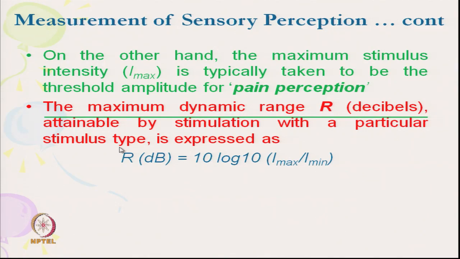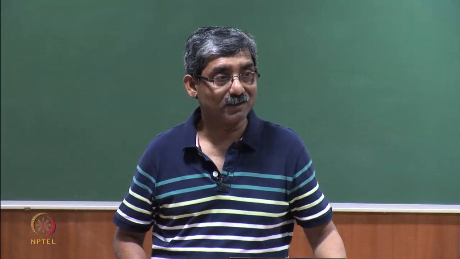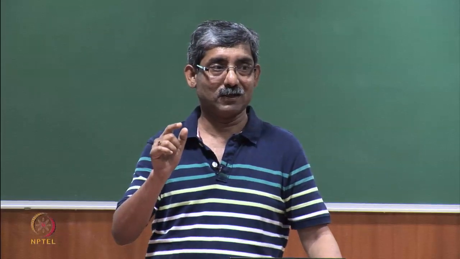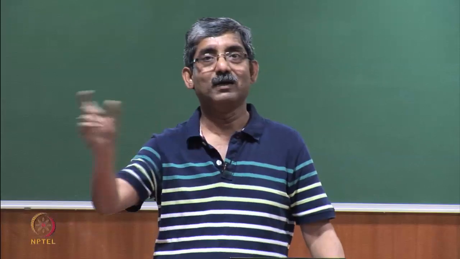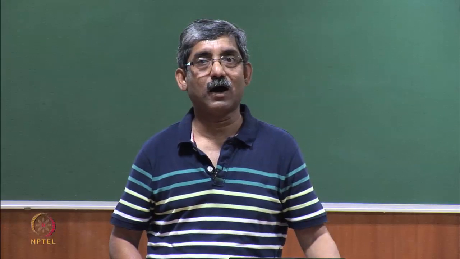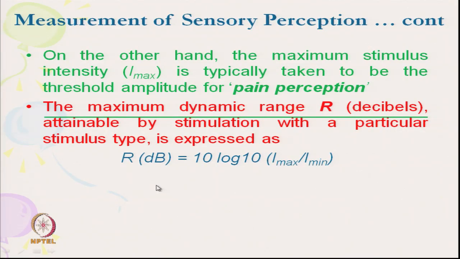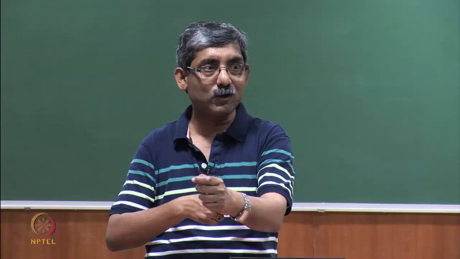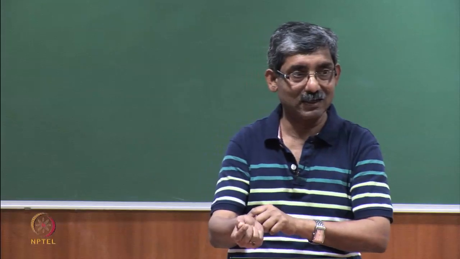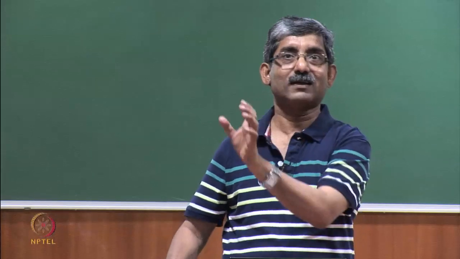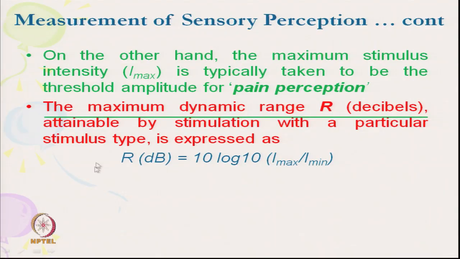This is also a measure of sensory perception. For a particular sensation in a person, the minimum and maximum sensation limits can be expressed in terms of R, the dynamic range, okay. Suppose something is pressing: at what point I have started sensing, and up to which point I am able to bear that. That range is expressed in terms of R, called the dynamic range, okay.